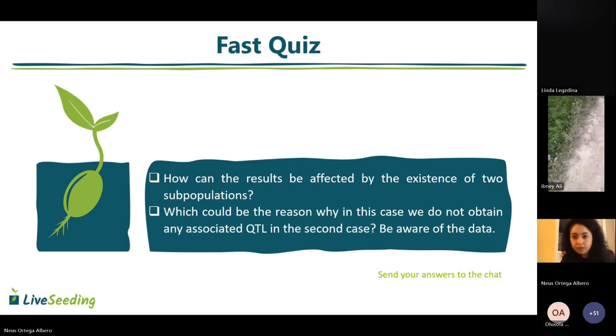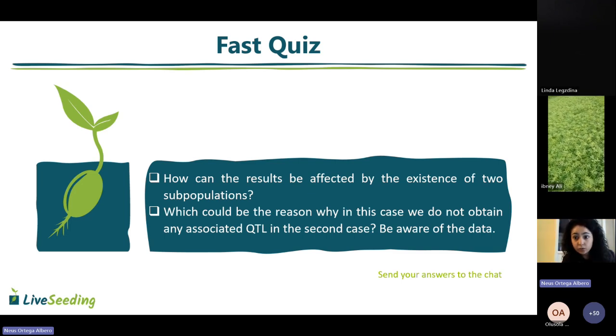Okay, so I see some of you have already answered the fast quiz. I just want to comment on two things that we need to take into account in this type of analysis.